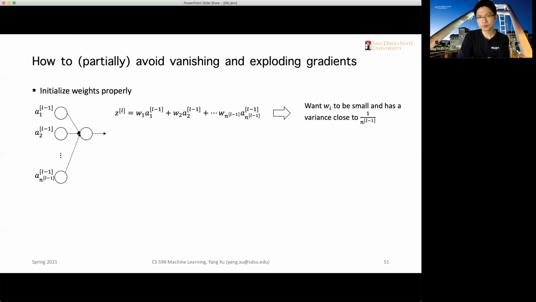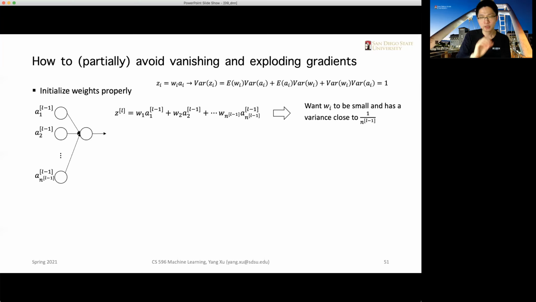So we want the W's to be small and have a variance that is close to 1 over n L minus 1, where n L minus 1 is the number of neurons in the previous layer. Because we cannot control the magnitudes of the previous activations. We can only control the magnitudes of the W's. W's are the parameters that we can initialize. So we can initialize W within such a variance range.